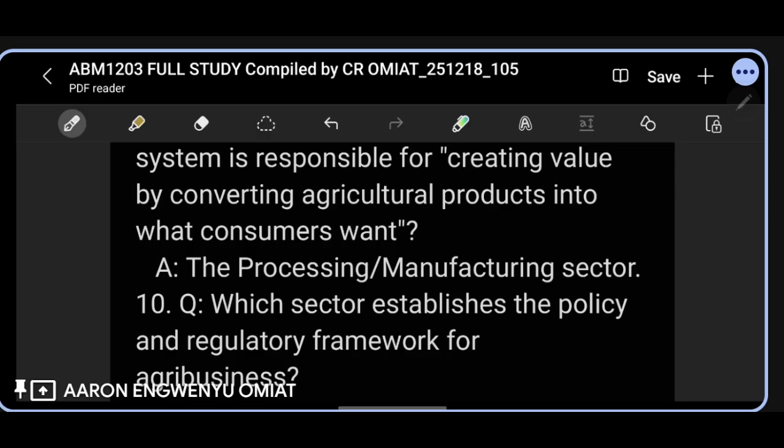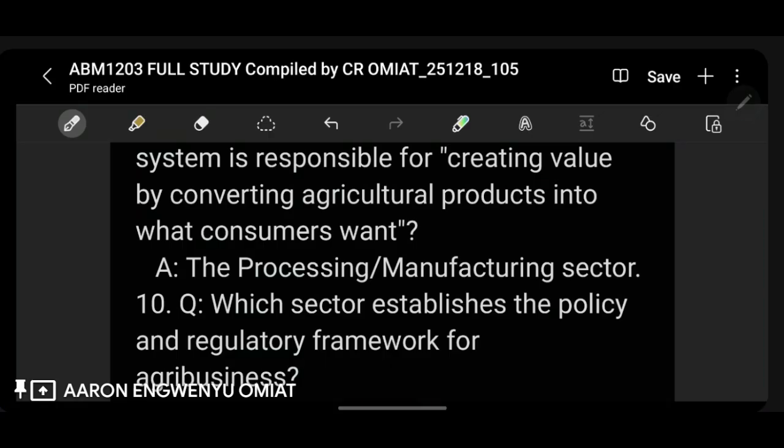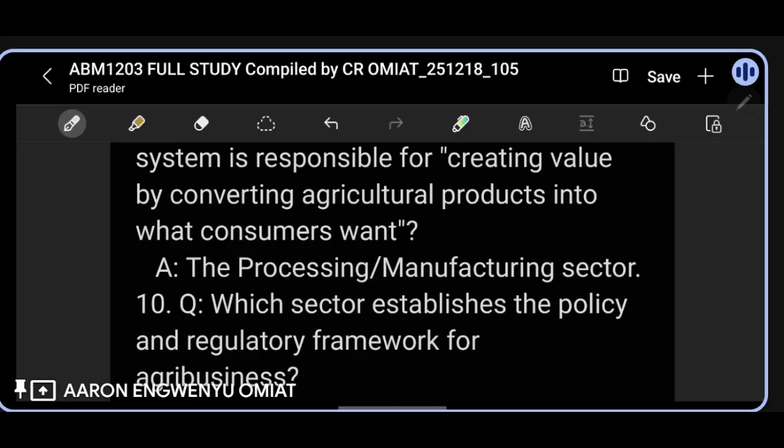Yes, Agathon. Which sector establishes the policy and regulatory framework for agribusiness? Yes, I will say I say the public sector. Yeah, be confident. You're right. There are 5. We looked at input, production, processing, marketing, and public sector.